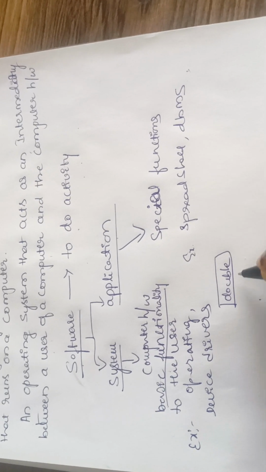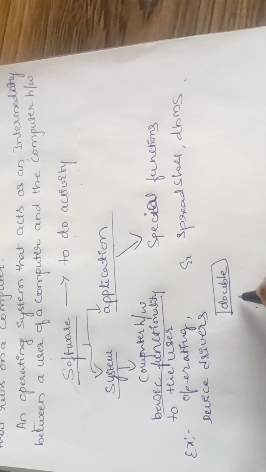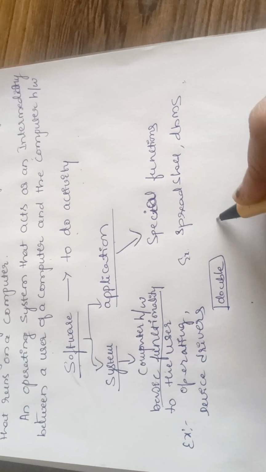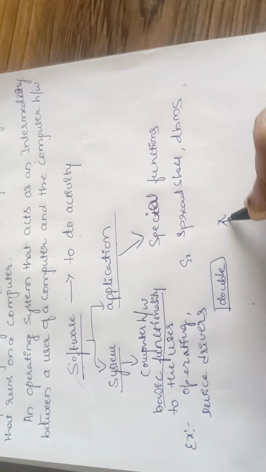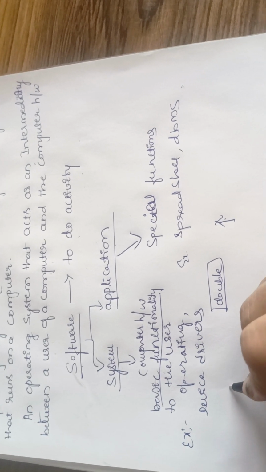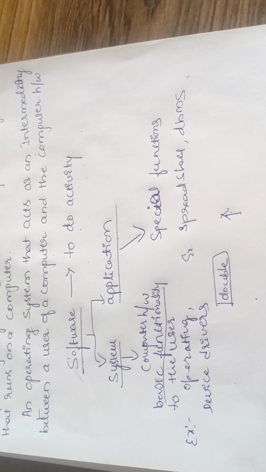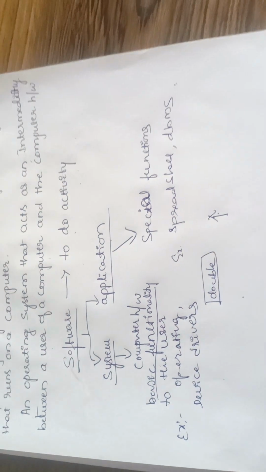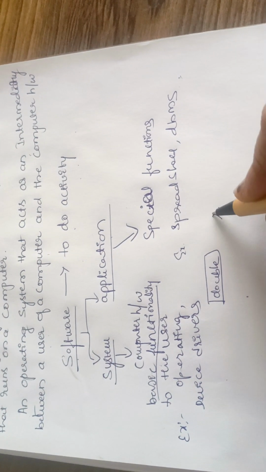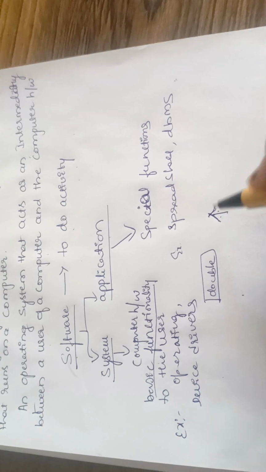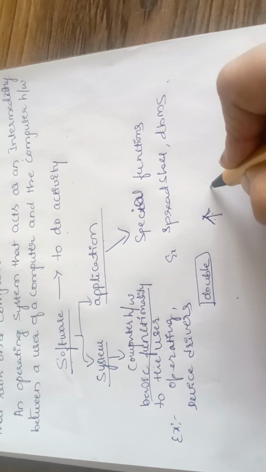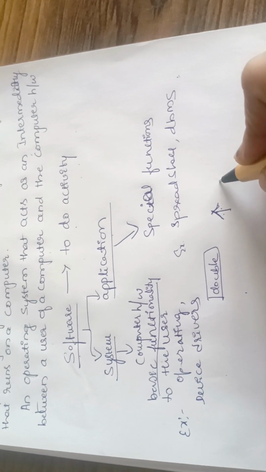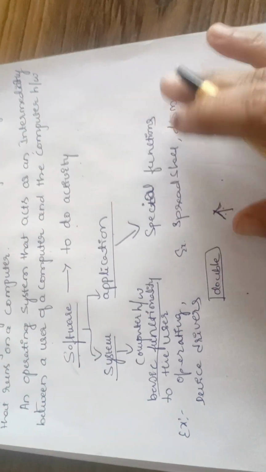The operating system converts whatever click we have done into machine understandable language, and then the machine will understand that, and then the click means it should open the file or icon, anything. Okay, so this is how it will manage.